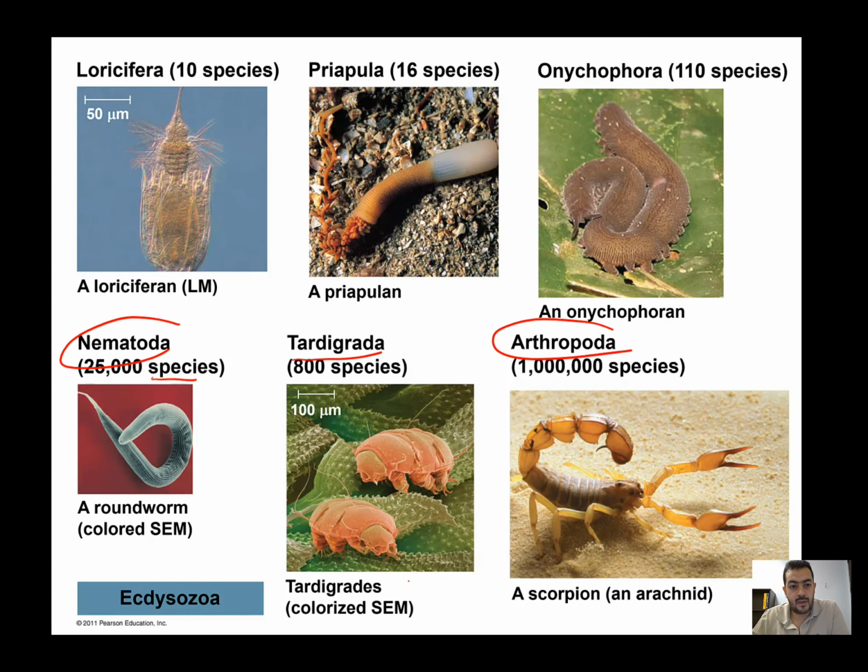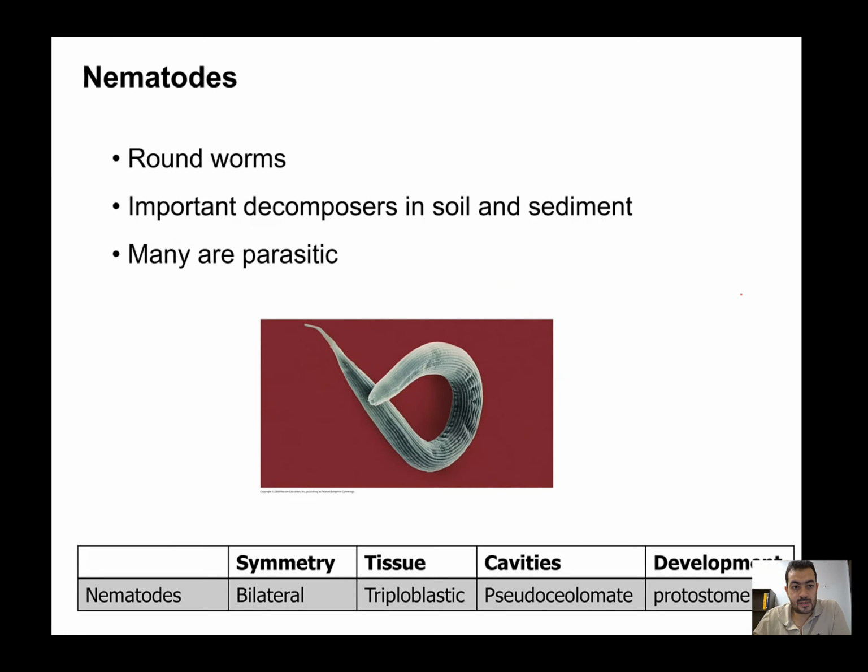Moving to the two phyla with the highest number of species, we have the nematodes. Nematodes are the roundworms. They are important decomposers in the soil and the sediment of the soil. Many of them are parasitic. Again, they are bilateral, and they have the mesoderm, so they are triploblastic.